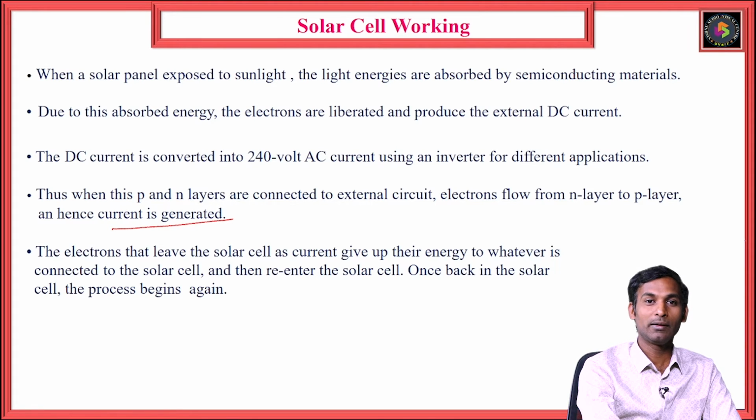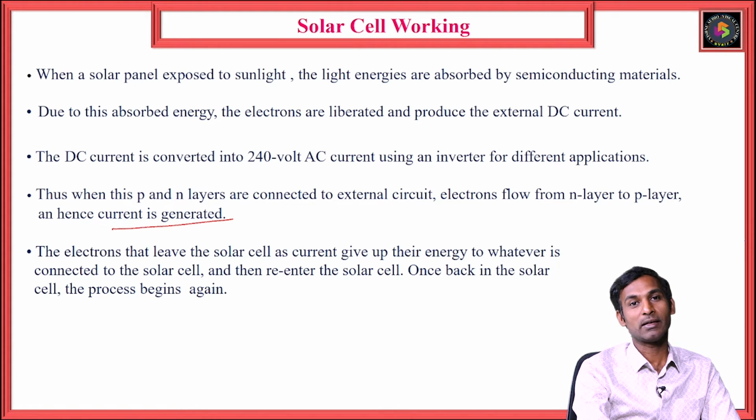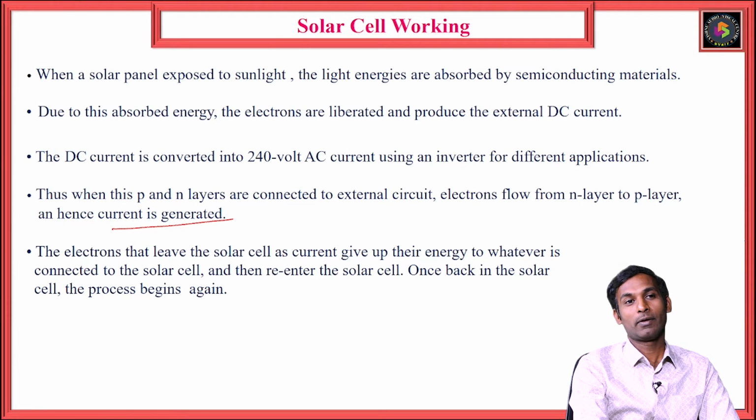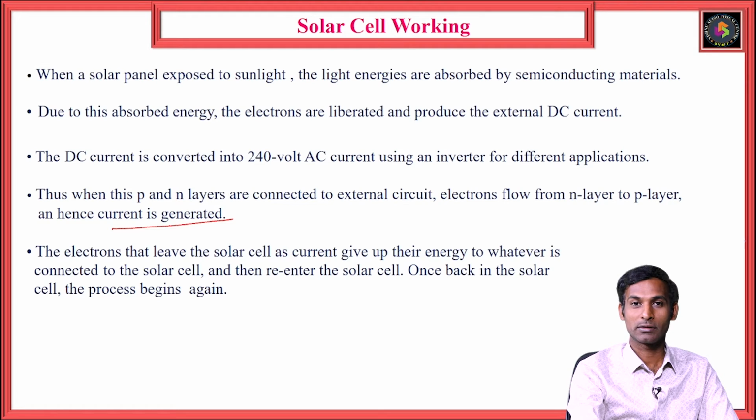That means in the voltage versus current characteristics, we have the open circuit voltage and the short circuit current. For example, at short circuit current, what is the importance of voltage? If the solar cell is connected for open circuit voltage, what is the importance of short circuit current?